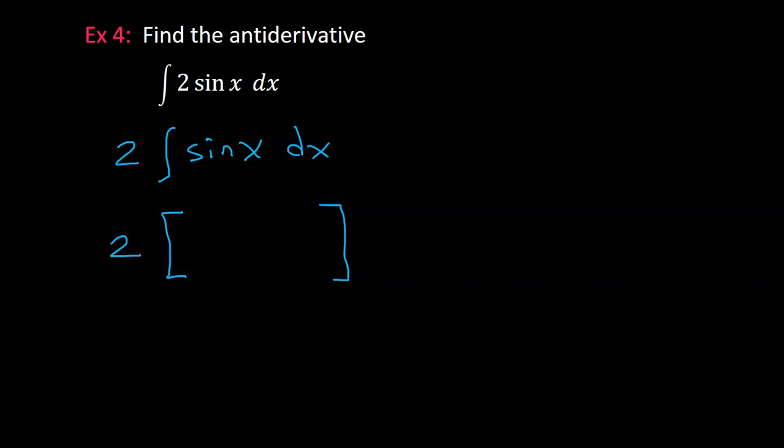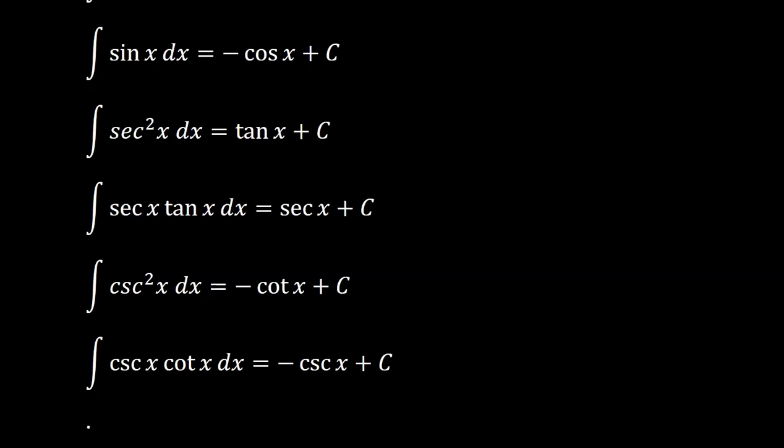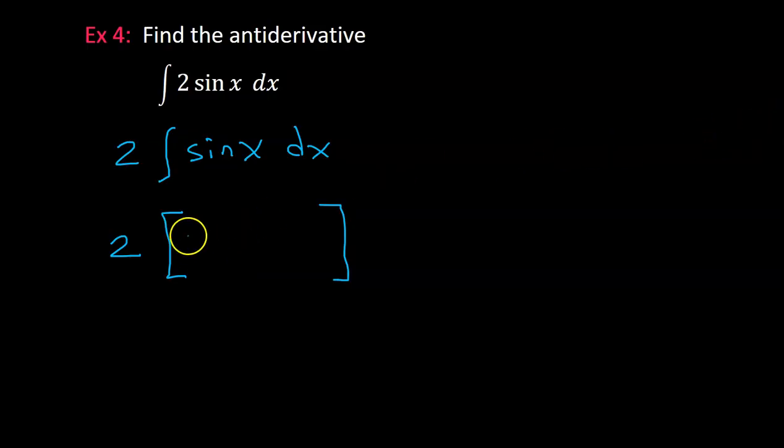And one of the things that we will have to memorize is that the integral of sine x is negative cosine x. So we will now have negative cosine x plus the constant of integration, of course.